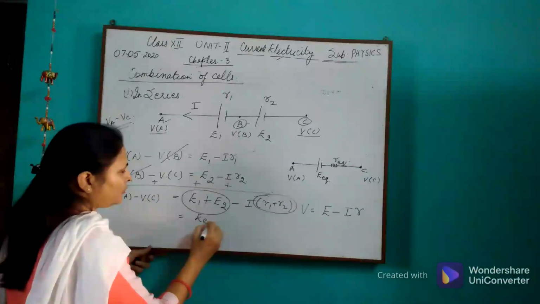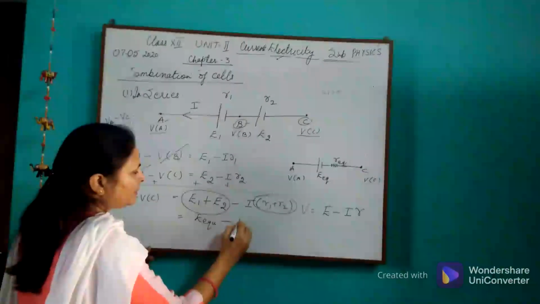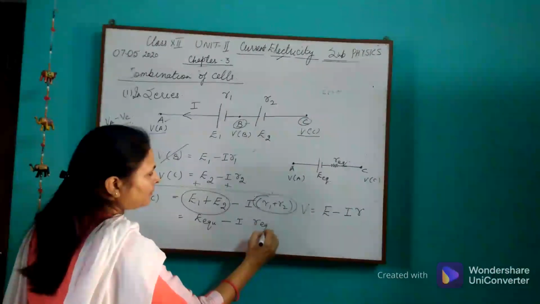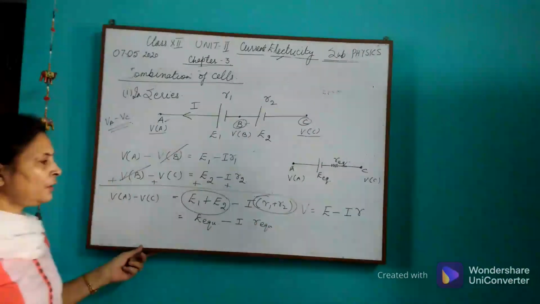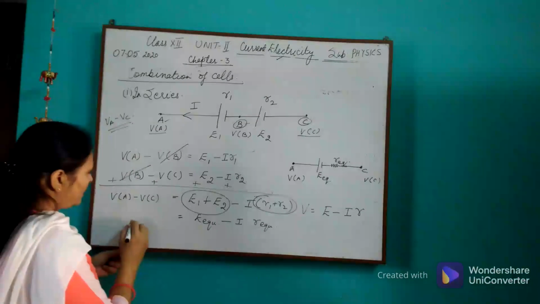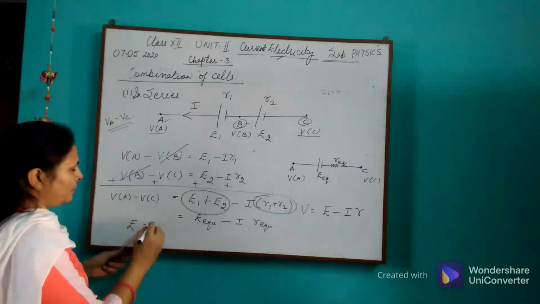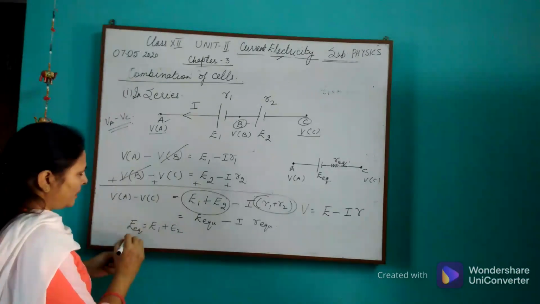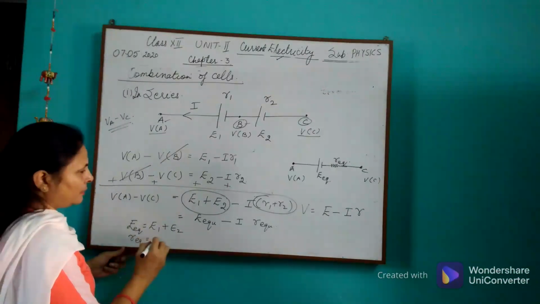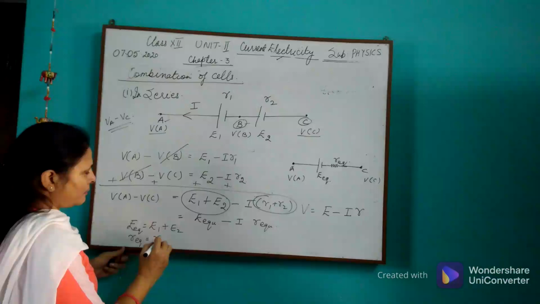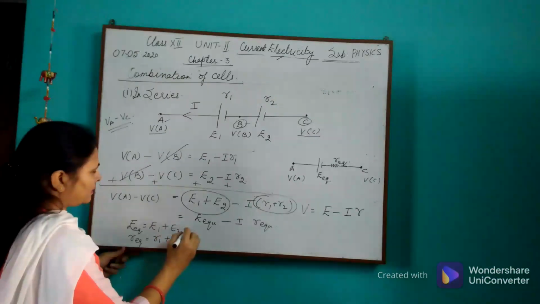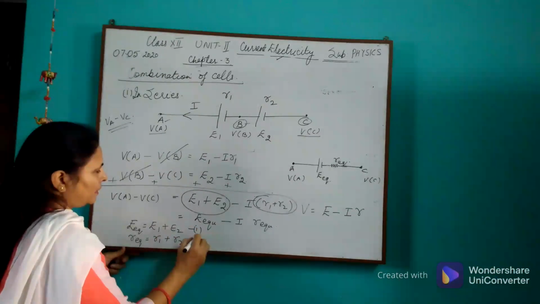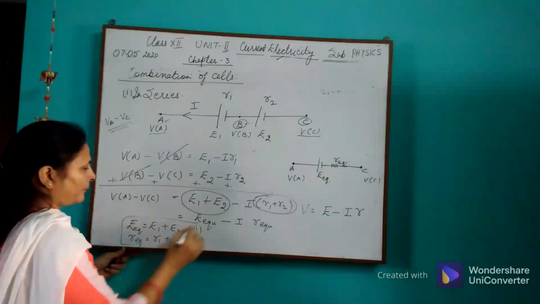This can be written as E equivalent minus I r equivalent. So E equivalent will be equal to E1 plus E2, and r equivalent will be equal to r1 plus r2. You can take these as two equations.